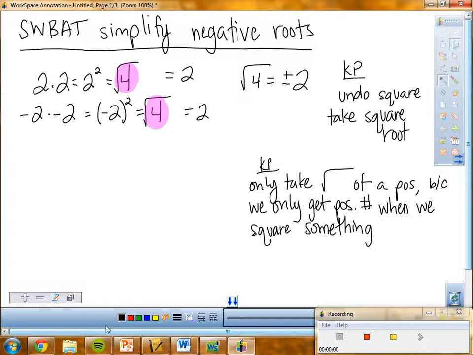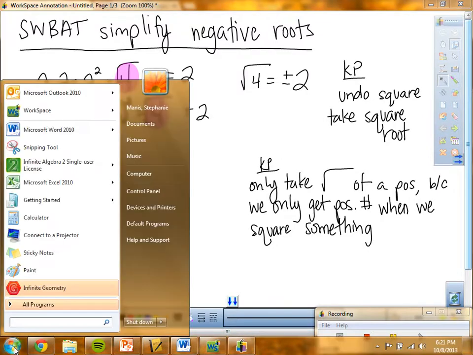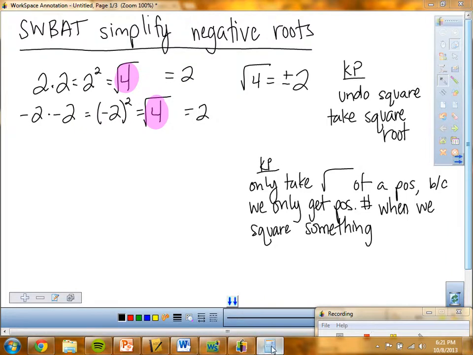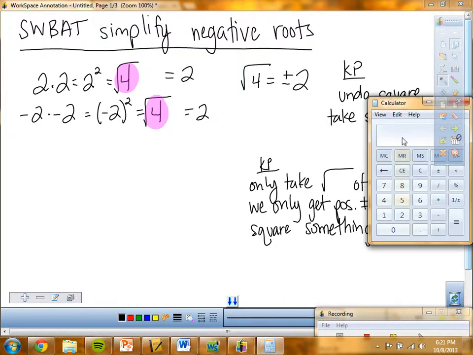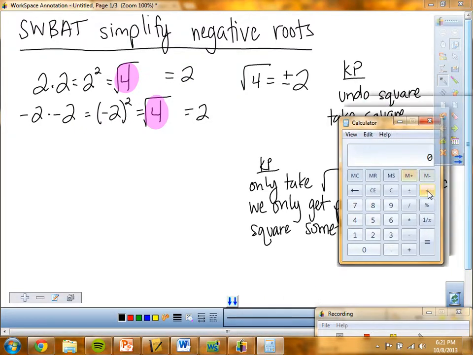So even using our calculator, we can see that when we take the square root of a negative, so if I say square root of negative 16, my calculator tells me negative 16. It doesn't work. The square root of negative 16 isn't negative 16.